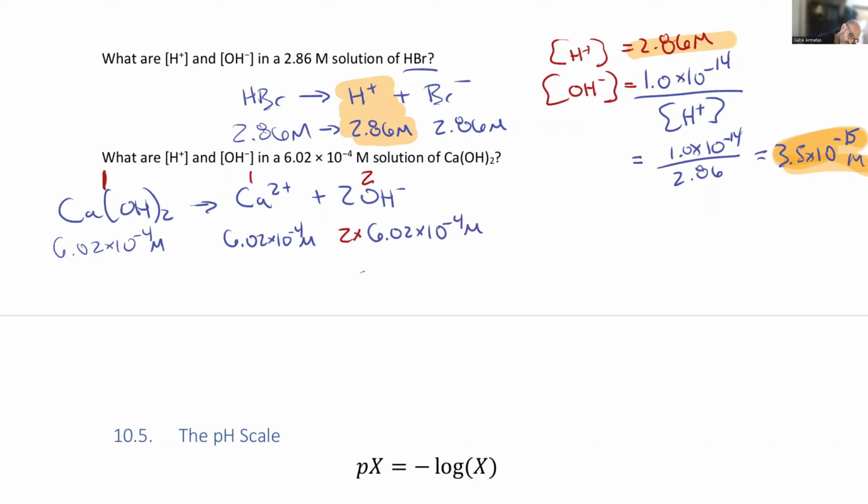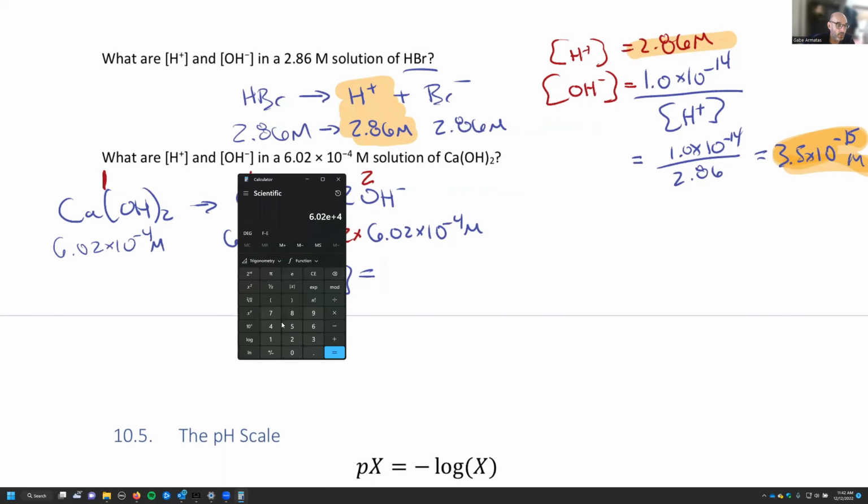So the concentration of OH minus is actually equal to 6.02 exp to the negative 4, times 2 equals. Let me just move this over here so you can see what I'm doing. So 1.2 times 10 to the negative 3 molar.